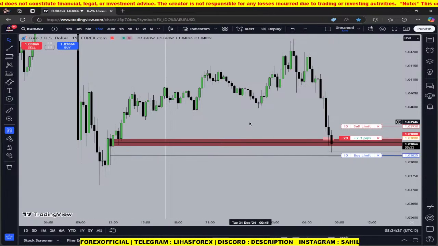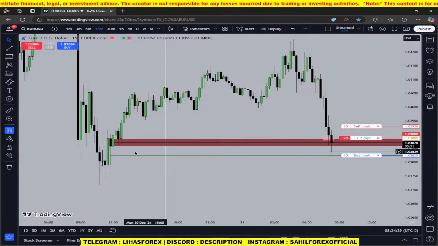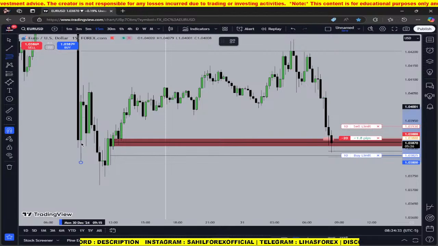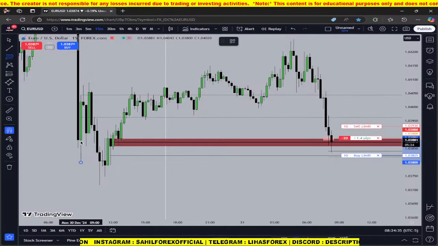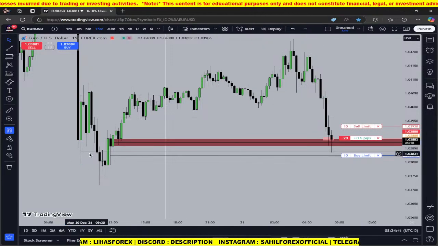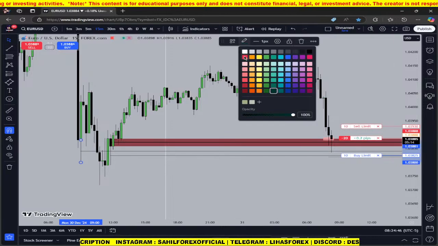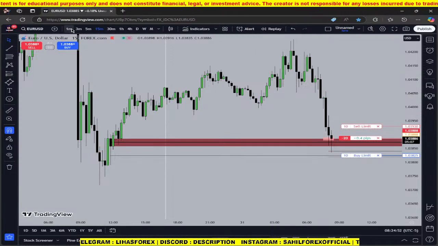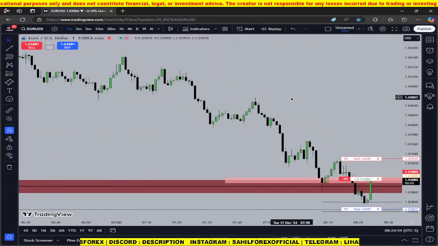We have 5 minutes remaining. I want it to close below this area in the 15-minute chart, not in 1 minute. Right, you got it. If I get stopped, I get stopped.